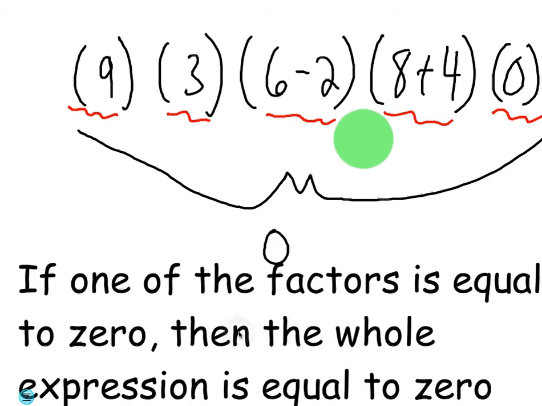The point is, if one of the factors of a polynomial is equal to 0, then the whole expression is equal to 0. That key word is factors. So what I'm getting at is the way to find zeros of a polynomial is to factor it. And you see when those factors equal 0 is when the polynomial is going to cross the x-axis.